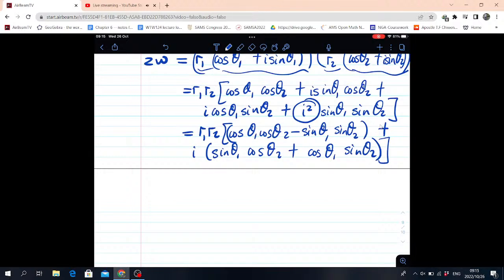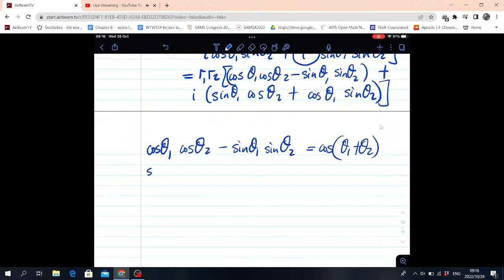we've got some double angle identities that we know, and we know that cos theta 1 cos theta 2 minus sine theta 1 sine theta 2 is going to be equal to cos of theta 1 plus theta 2.